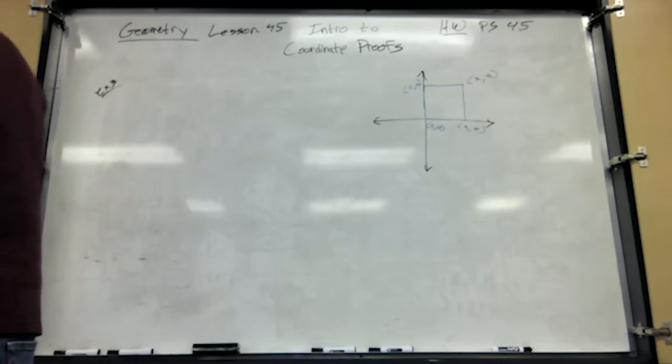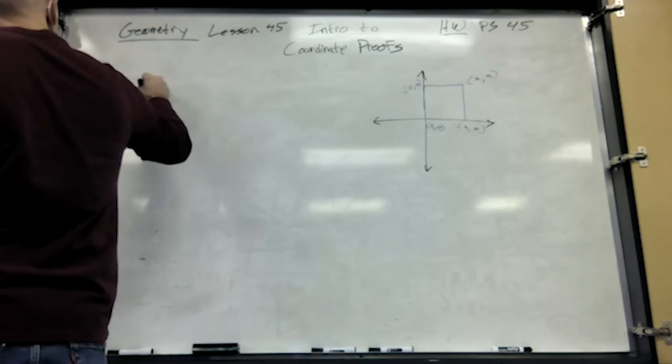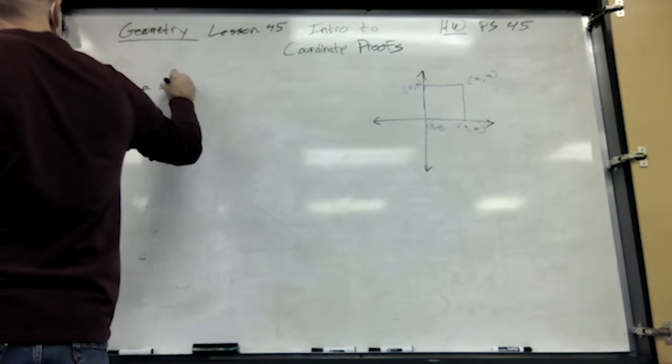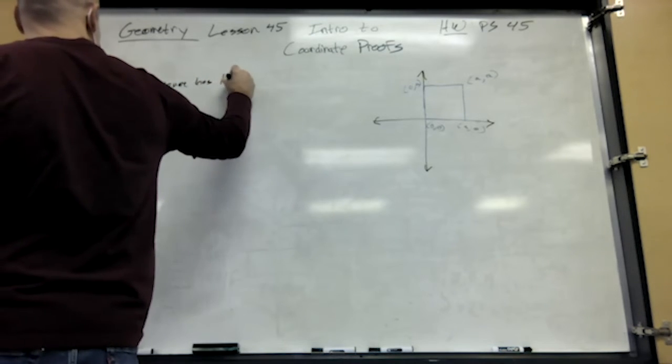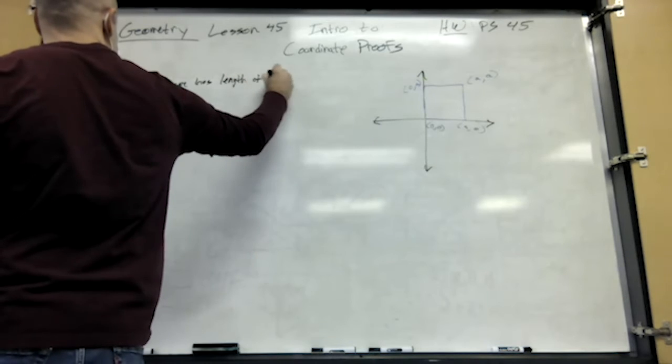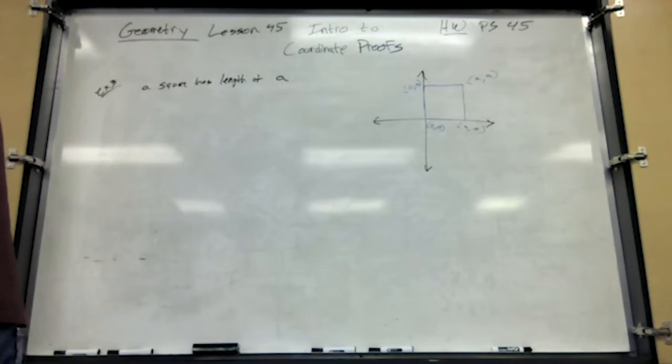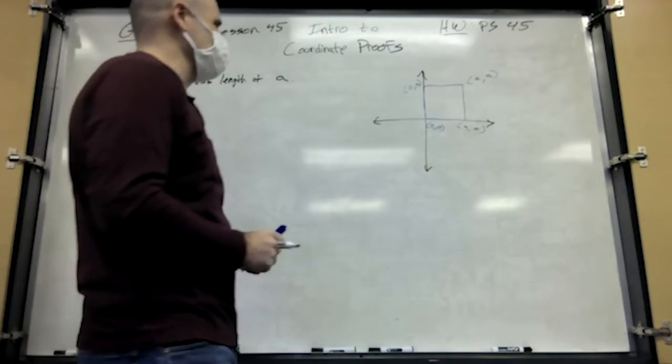Okay, so this is example 3. A square has a side length of A. Place a square in the coordinate plane and label each vertex with an ordered pair. So that's just the solution.